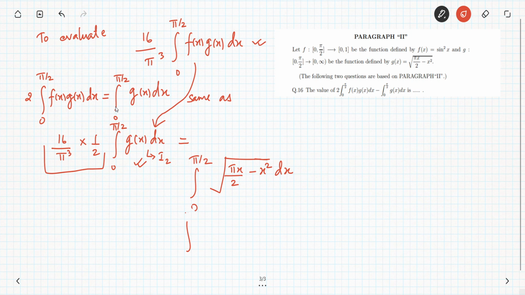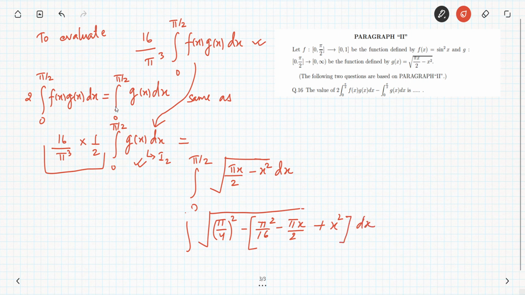So this will be something like this: pi by 4 whole square, and minus, since I am adding pi square by 16 I need to subtract this also, so minus pi square by 16. And for the 2ab term I will be writing pi x by 2, because 2 will get multiplied with the 4, and then I will be writing plus x square because I had already taken the minus sign outside.